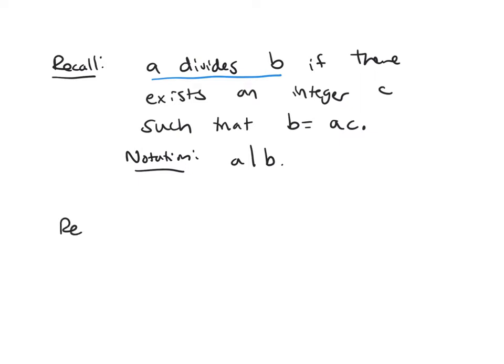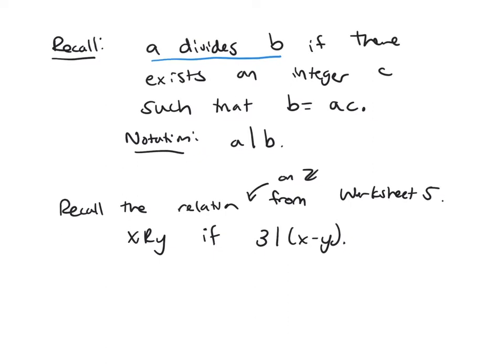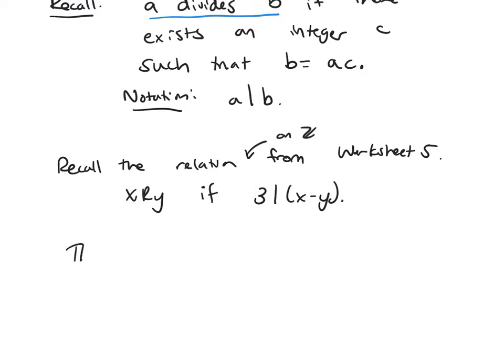Recall the relation on Z from worksheet 5, and the relation was X relates to Y if 3 divides X minus Y. So you should have shown in worksheet 5 that this relation is an equivalence relation. So that's what you should have been able to show.